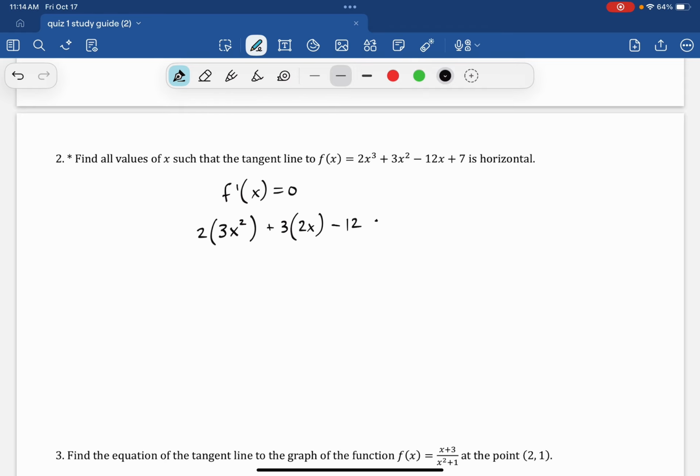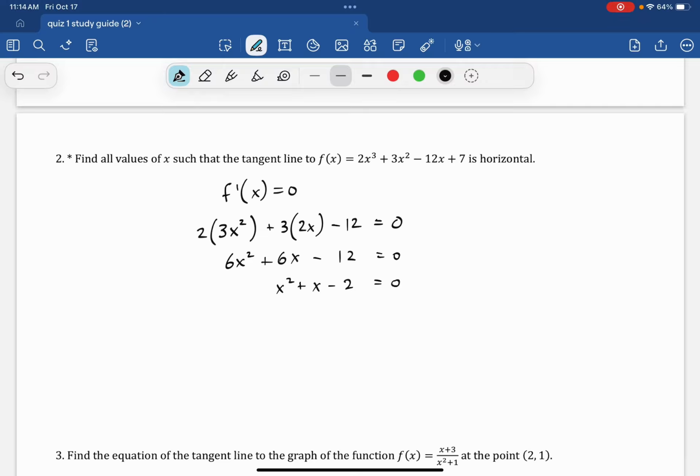So we're looking for the values of x such that this expression equals 0. We can expand this. That's 6x squared plus 6x minus 12 equals 0. Now we can divide everything by 6, because everything shares a common factor. So that leaves us with x squared plus x minus 2 equals 0.